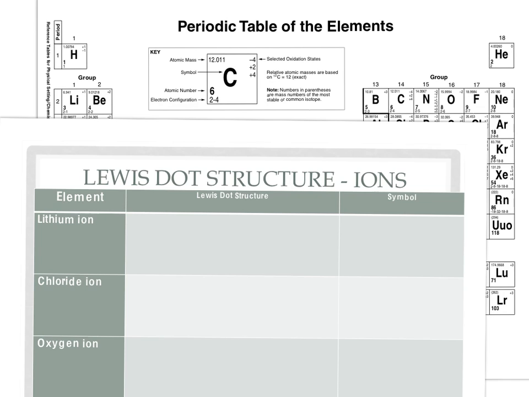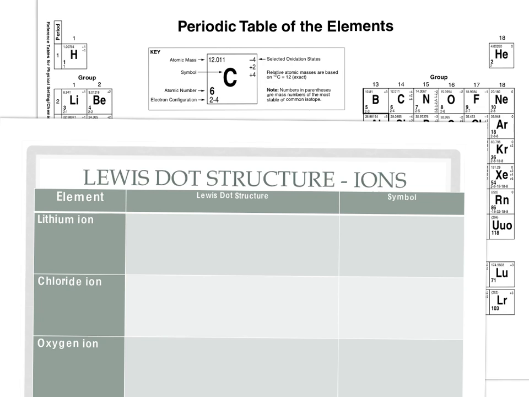Remember that we want to get to 8 valence electrons. So in this case, it is a lot easier for lithium to give up this 1 valence electron than to gain 7 valence electrons. So in this case, lithium will give up its valence electron and become a cation.